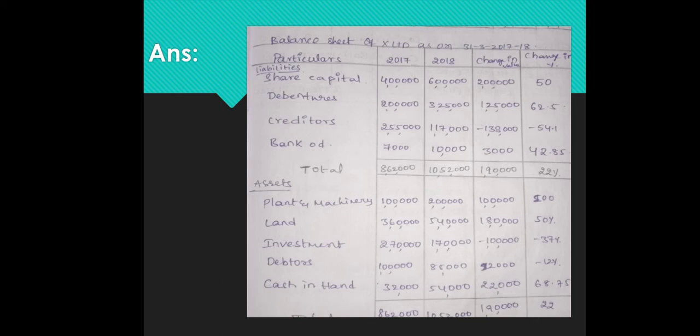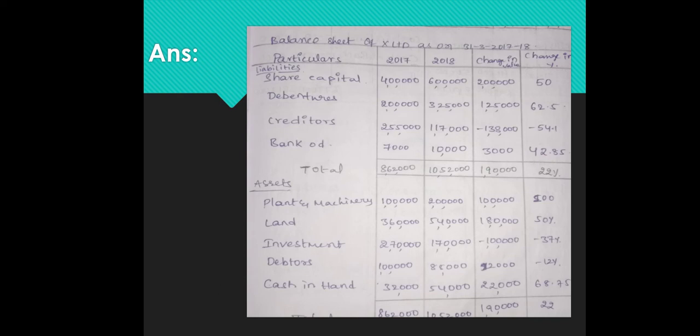For liabilities, equity share capital is taken: 4 lakhs for the base year, 6 lakhs for the current year. The change is the current year minus the base year amount. So 6 lakhs minus 4 lakhs, we get 2 lakhs as the change in value.